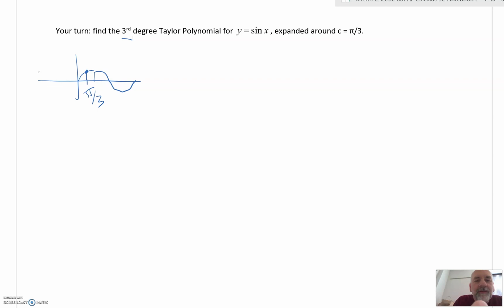All right, how do we do it? We use the Taylor formula. Remember the Taylor series formula for T_n,c of x. Here n is the number of terms that we're going to do, and c is the center of the expansion.